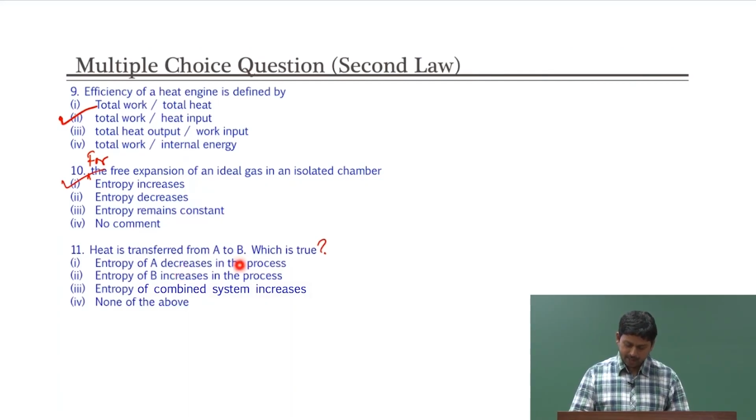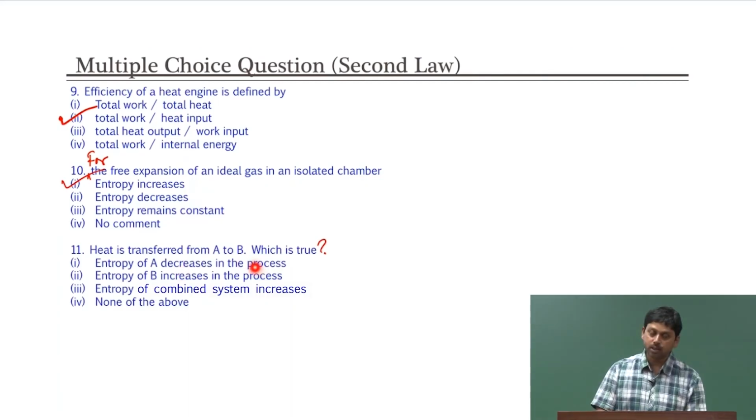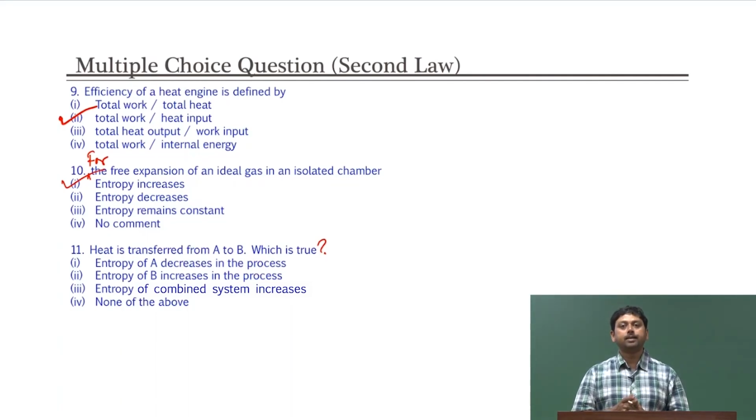Heat is transferred from A to B, which is true. Entropy of A decreases in the process. This is a good question, because this question typically tells you that a sub part of a combined system A and B may lose entropy. However, overall there will be an increase in entropy.